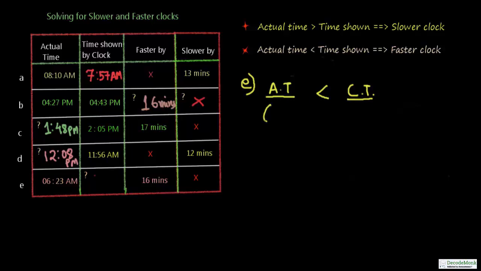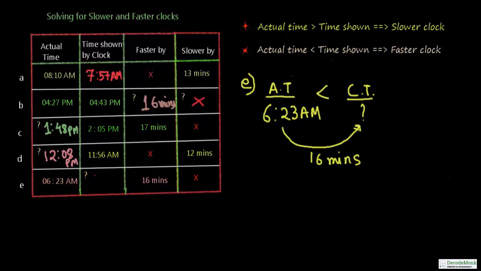So actual time is 6:23 a.m. We have to find out the clock time, which is running faster by 16 minutes. I hope you have understood how to visualize such questions with this kind of diagram. Whichever is running faster, maybe actual time or clock time, you have to put on the right hand side, just as you do for a number line.